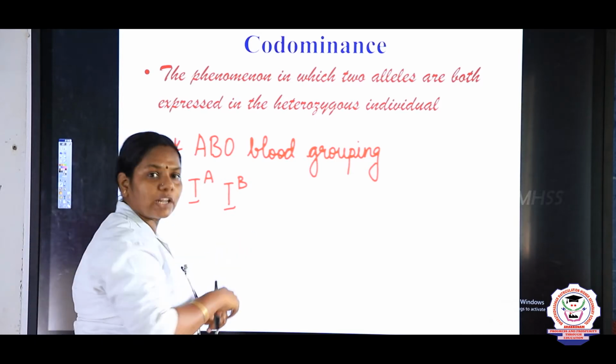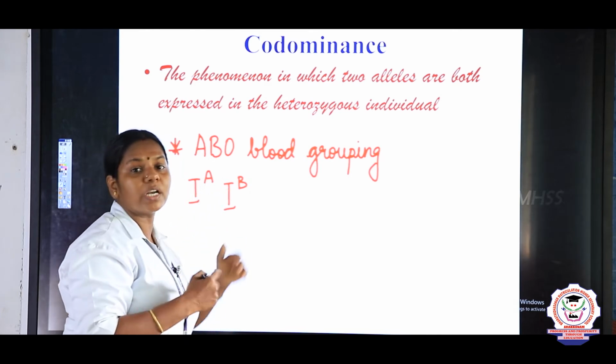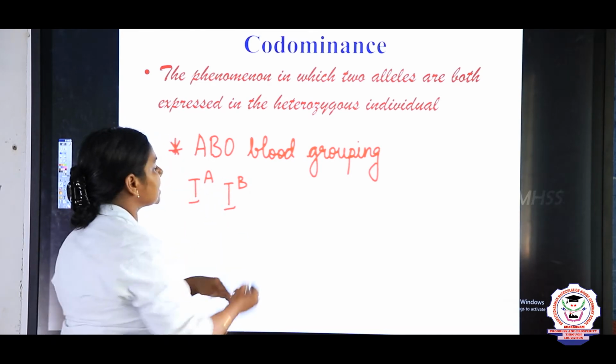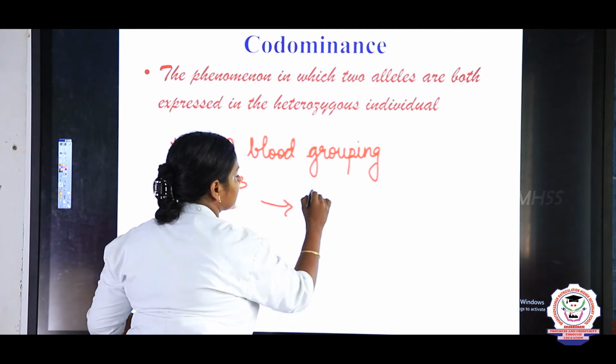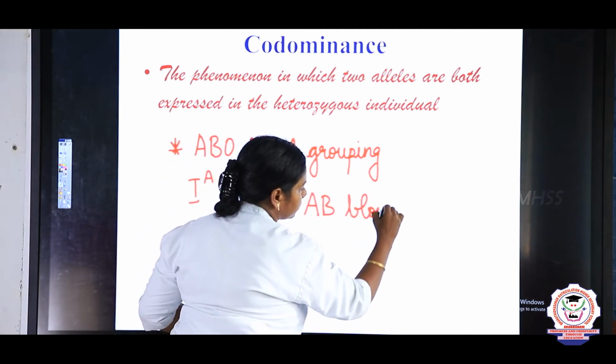If they are both crossed, both are dominant to each other, so it is expressed as AB blood group.